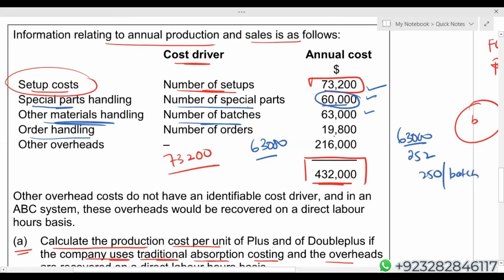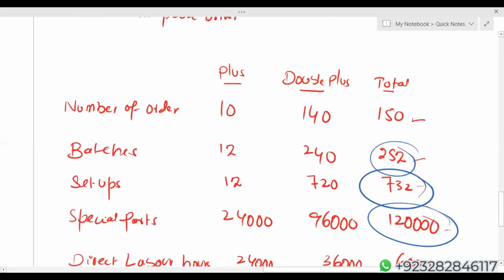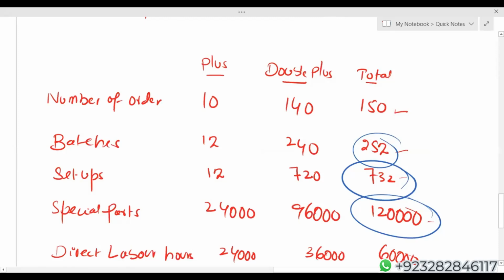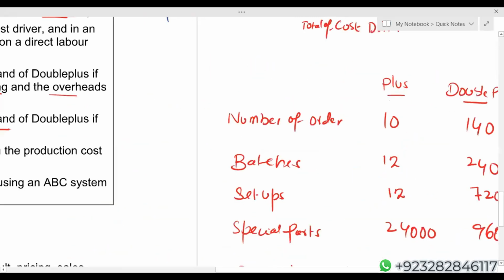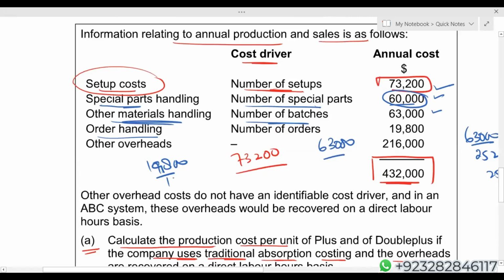Order handling for number of orders. We'll take 19,800 divided by the number of orders. The total number of orders we have is 150. So simply 19,800 divided by 150. I'm getting 132 per order.